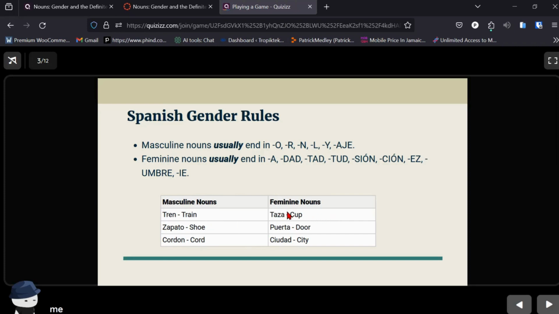So we have some examples of feminine nouns like taza, puerta, and ciudad, right? So we can see here we have the DAD ending here. We have the A ending, which is the most prominent or most popular in Spanish for feminine nouns. All right, so let's continue.